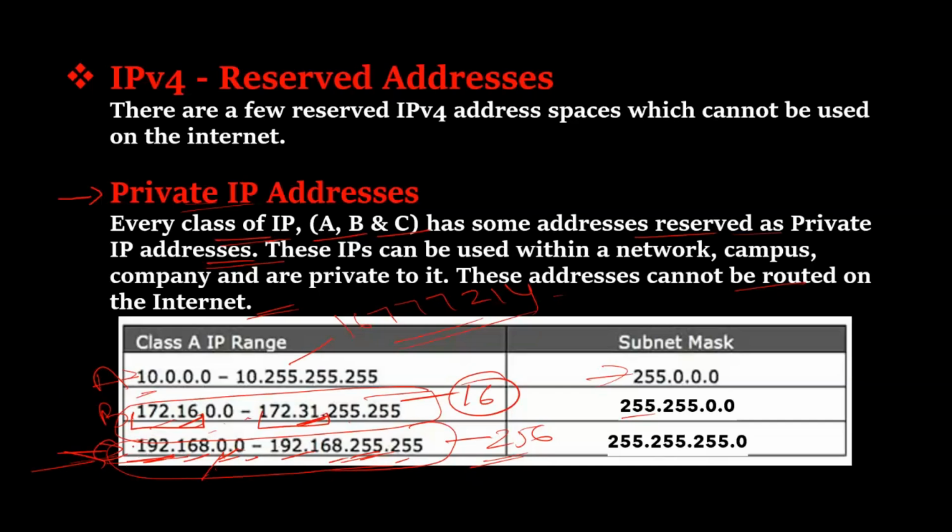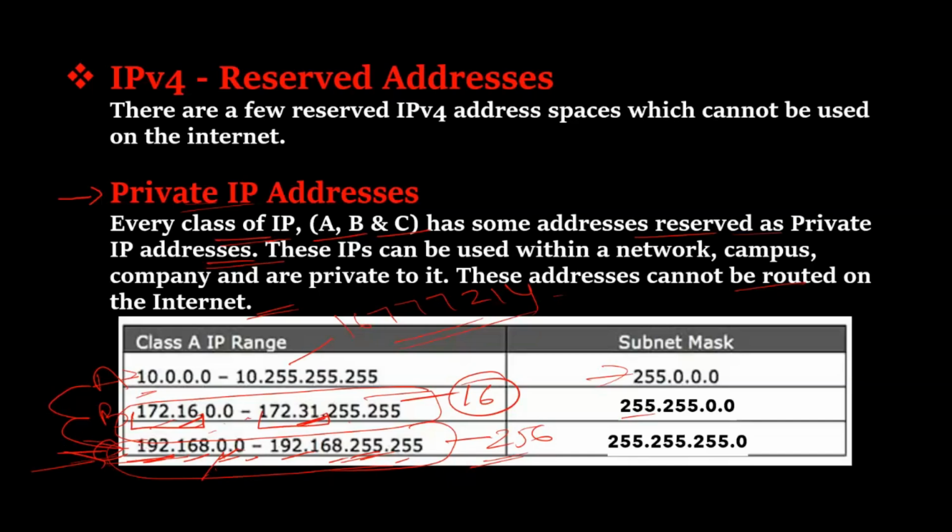We can also change the IP on a router to class B or class A IP. But suppose I change this 192 into 193 on my router. Then you can send data from one system to another in your local network, but you can't access the internet, because an IP which is not in this range can't access the internet.